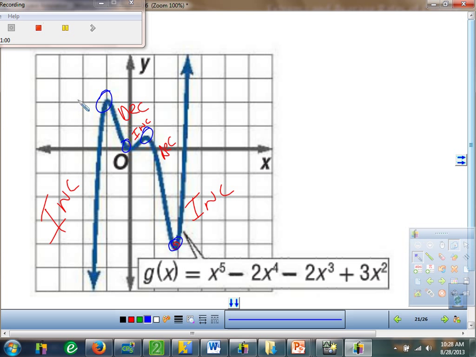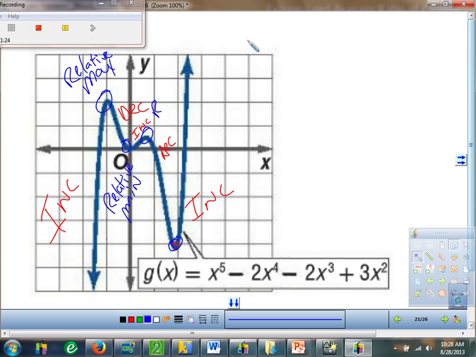This one, would it be a max? We'd call it a relative, because our graph's going to eventually go up further. Then this one would be a relative min. Then this would be a relative max.